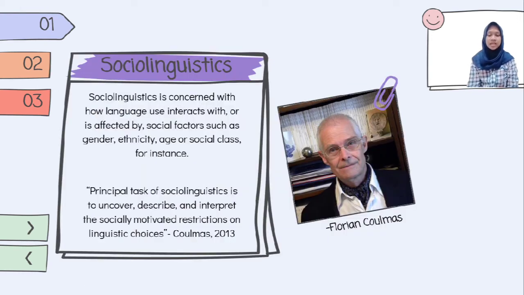Sociolinguistics. Sociolinguistics is concerned with how language use interacts with or is affected by social factors such as gender, ethnicity, age, or social class, for instance. As Coulmas defines, it is the study of choice, and the principal task of sociolinguistics is to uncover, describe, and interpret the socially motivated choices an individual makes.